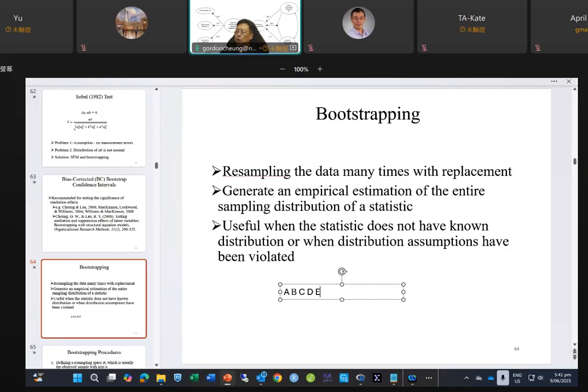And for each resample, we estimate the indirect effect.